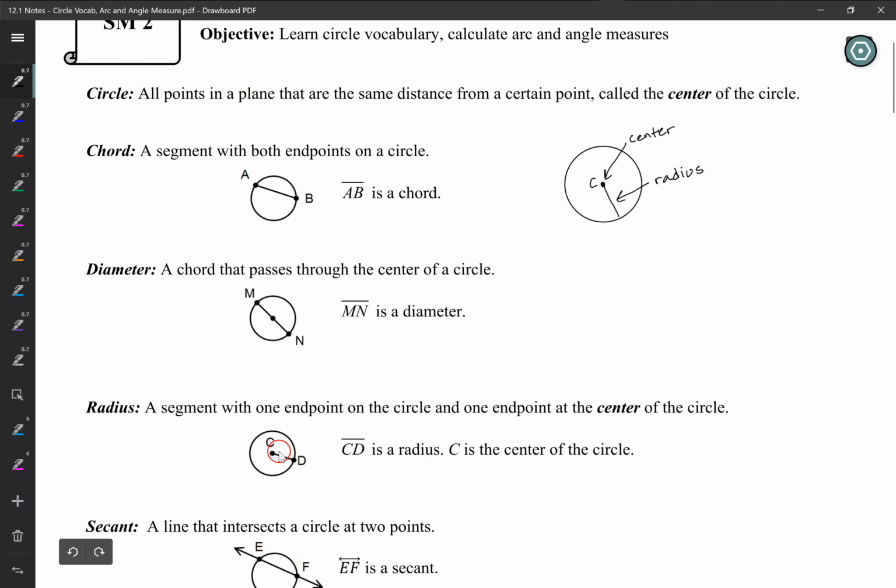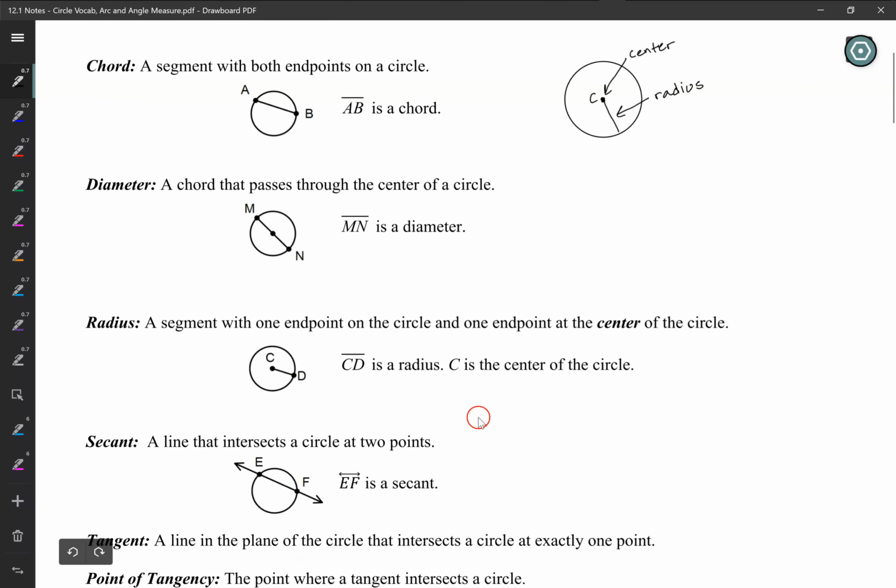If it asks you for the center, it's a point. Just name it with a capital letter. C would be the center of the circle here. Now, chords are just line segments. They stop on the circle. If it's a line, if it continues and it crosses the circle twice, it's called a secant.